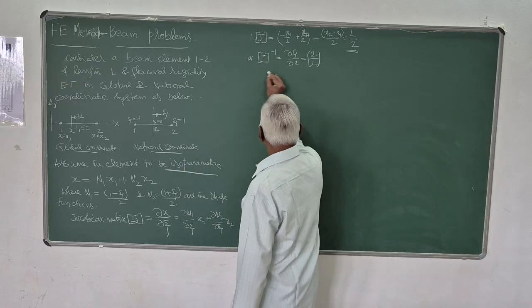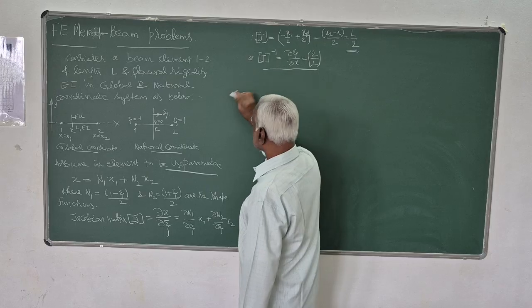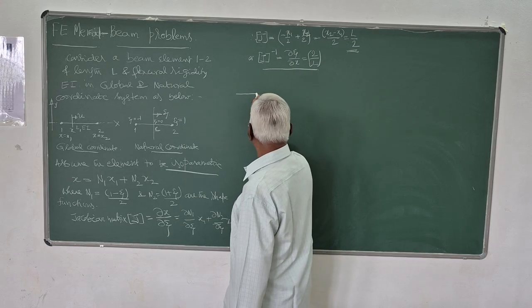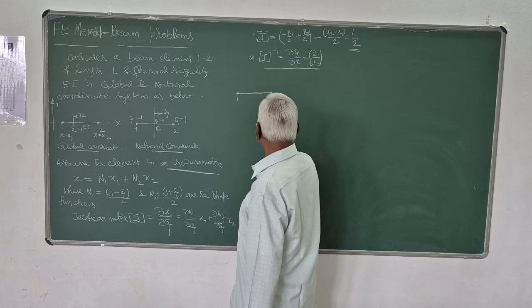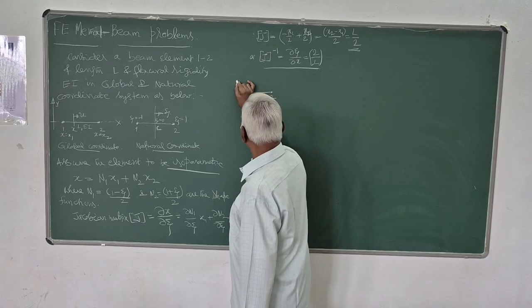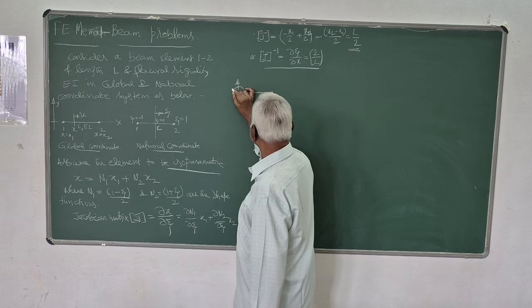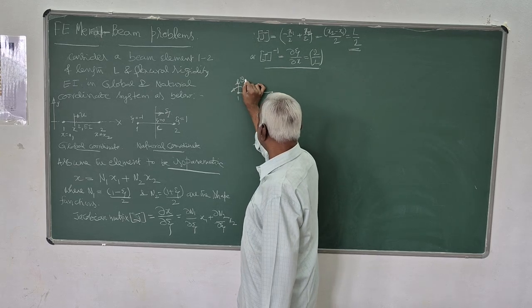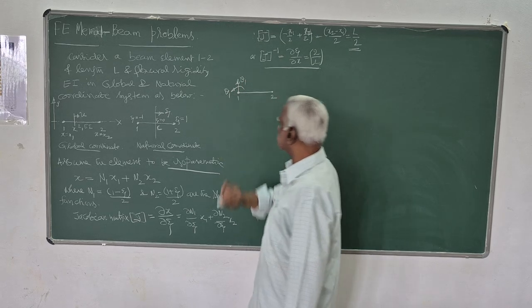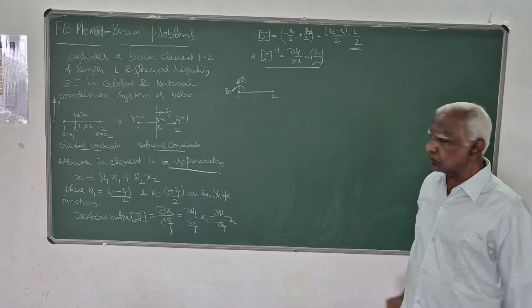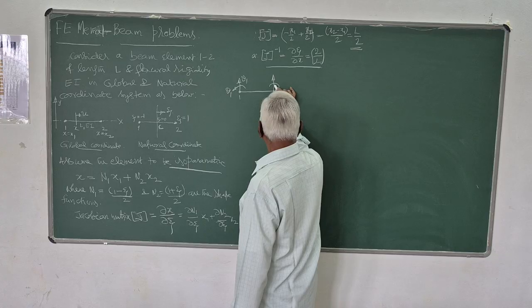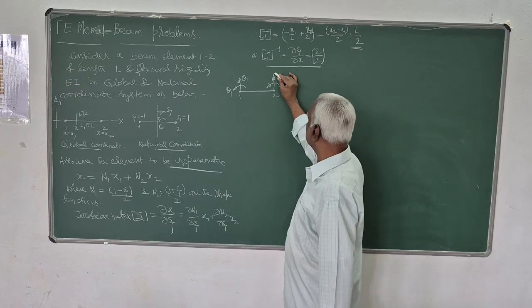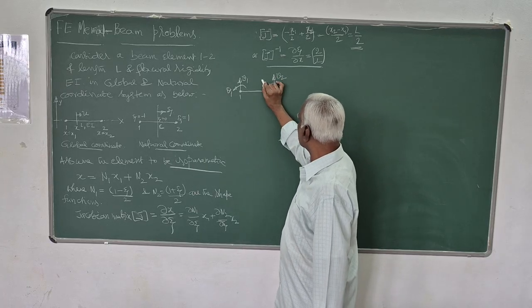Next, let us consider the beam element. The number of degrees of freedom at each node is 2: vertical displacement and rotation at each node. These are the nodal degrees of freedom, v2, theta 2.